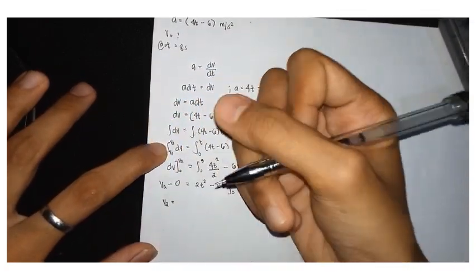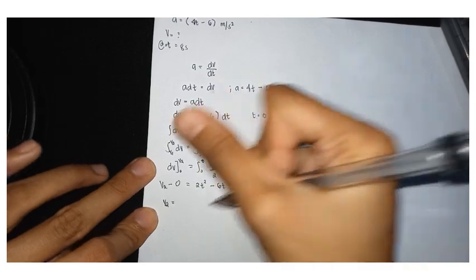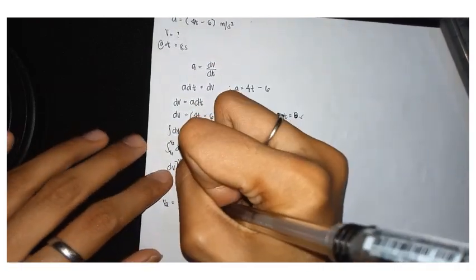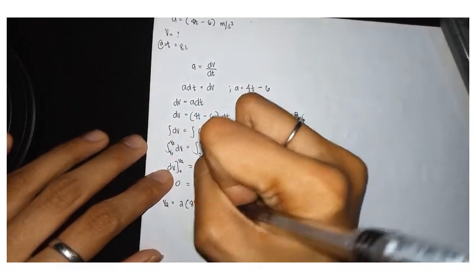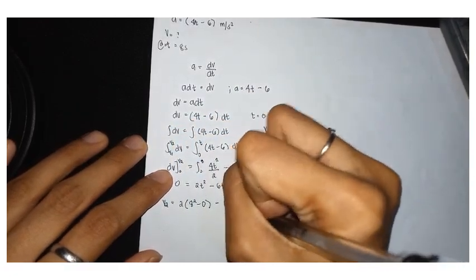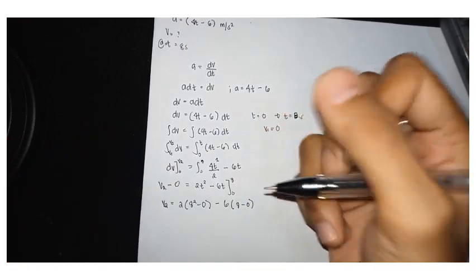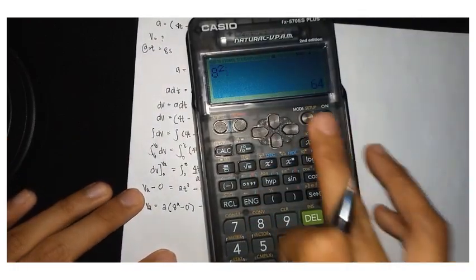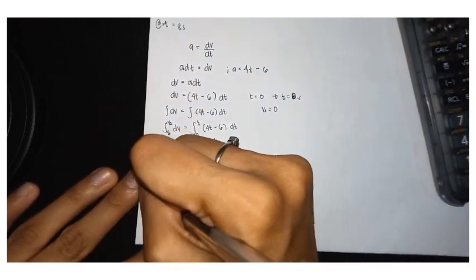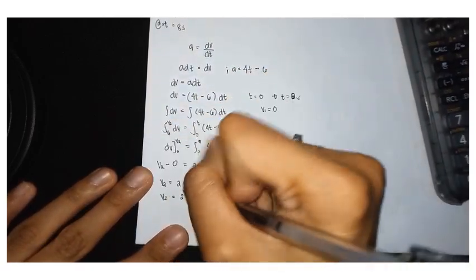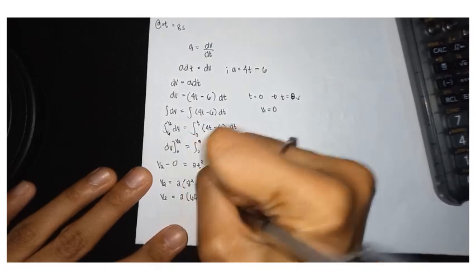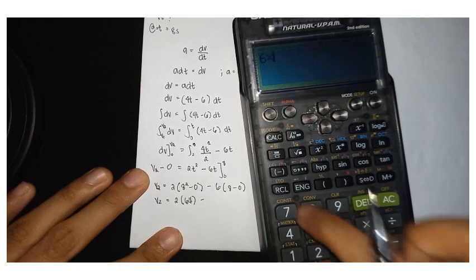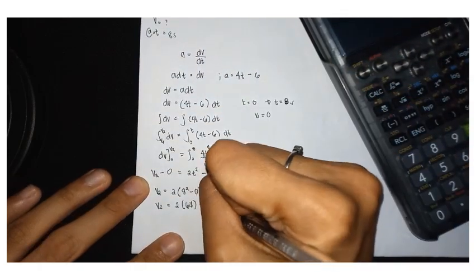V2, or V sub 2, is equal to 2 times 8 squared minus 0, and 6 times 8 minus 0. 8 squared is 64. Then 6 times 8 is 48.